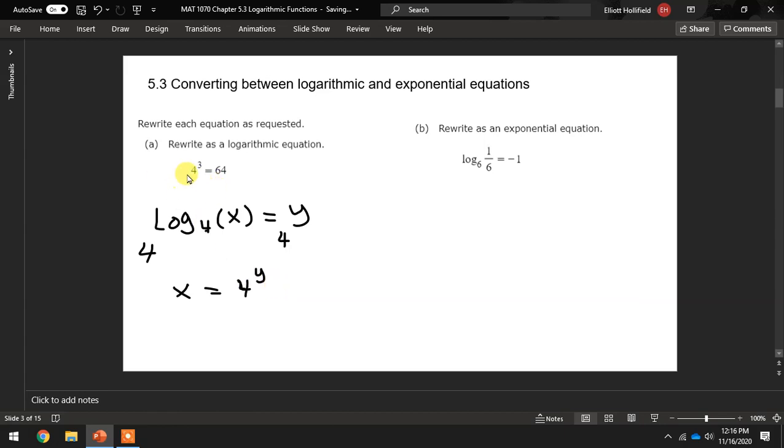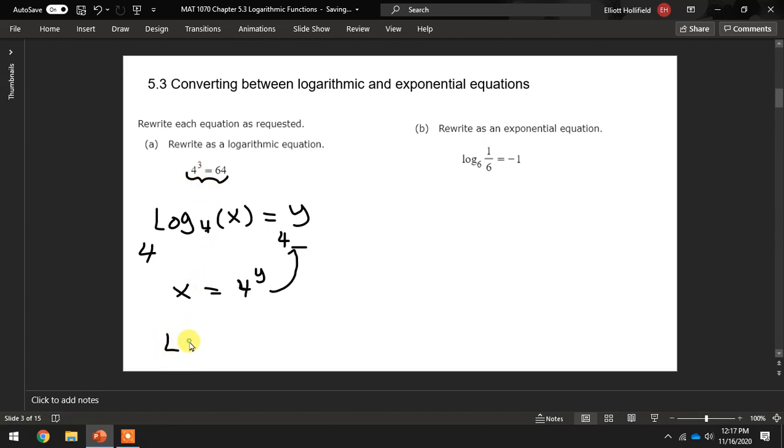So how can we then use this idea in order to rewrite this as a logarithmic expression? Here we have 4 raised to the 3 power is equal to 64. Now I want to go in this direction and rewrite the expression as a logarithmic.